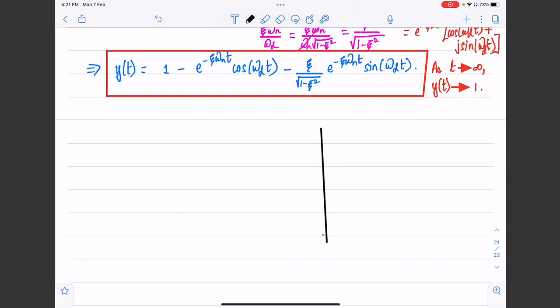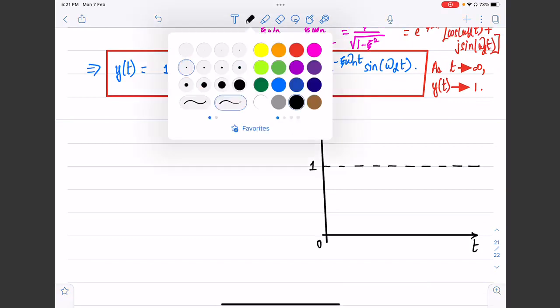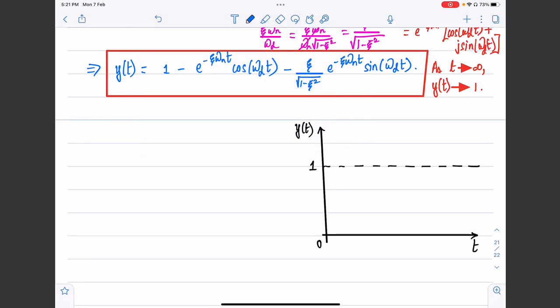So now let us plot this unit step response. I want to plot y of t versus t, and let's see how it is. Let's say this is a steady state value of 1. The plot will look something like this.